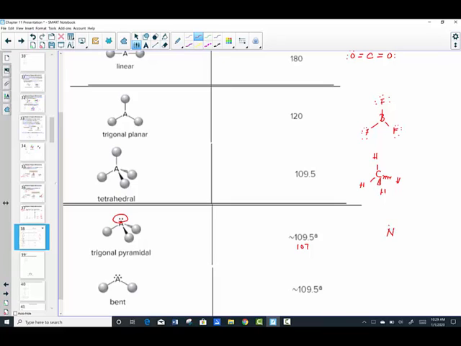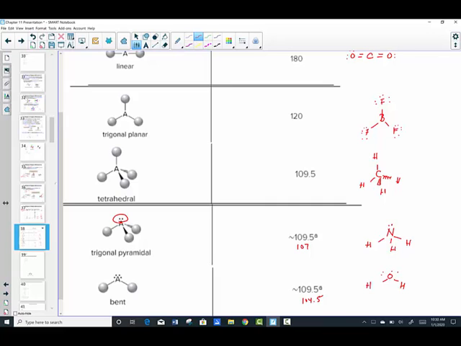And we said nitrogen is very important for this particular example because nitrogen will always have 1 lone pair. And then a bent molecule, such as a water molecule, with its bond angles of about 104.5, a little less than ideal because of those lone pair electrons.